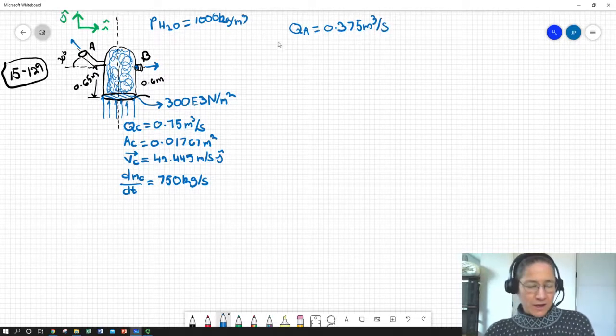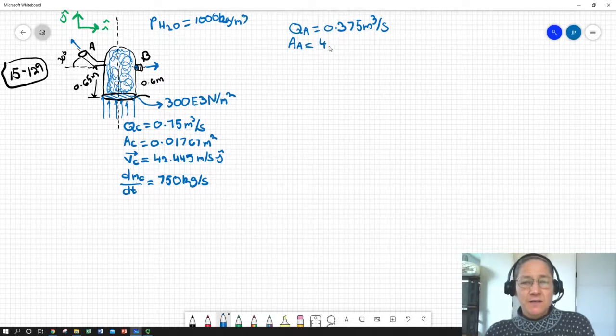We know the areas at A and B, since we're given the diameters of the orifices. So the area at A is 4.418 times 10 to the minus 3 square meters.